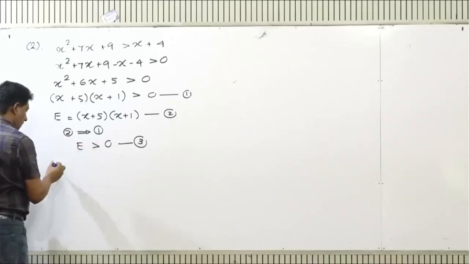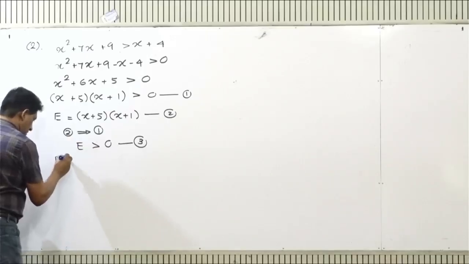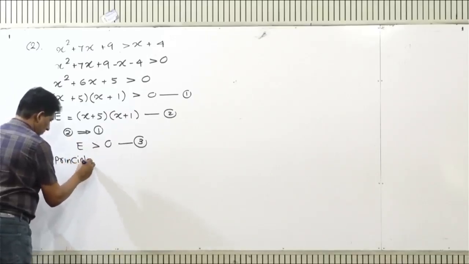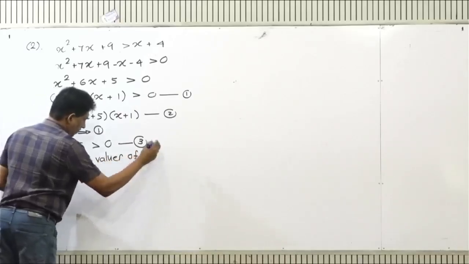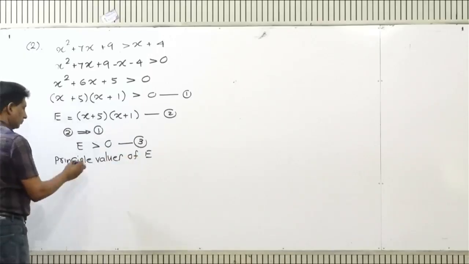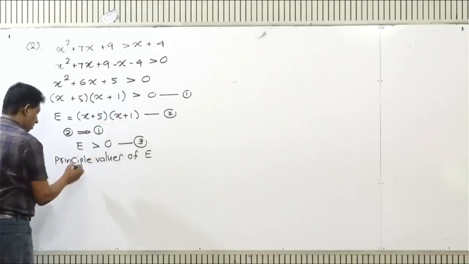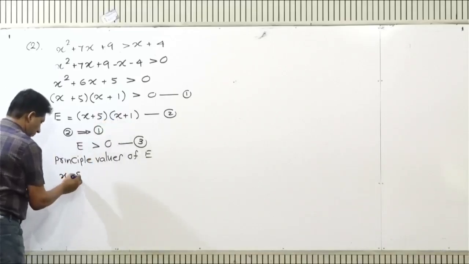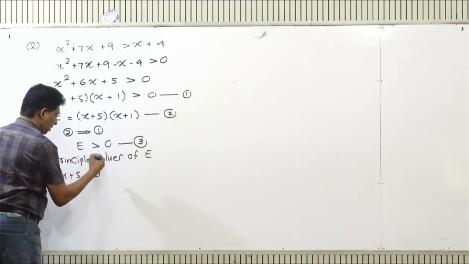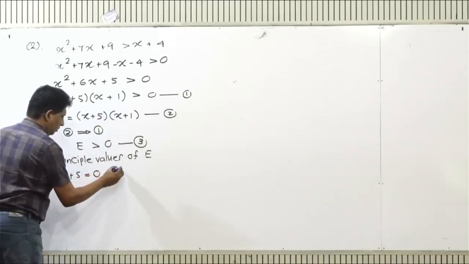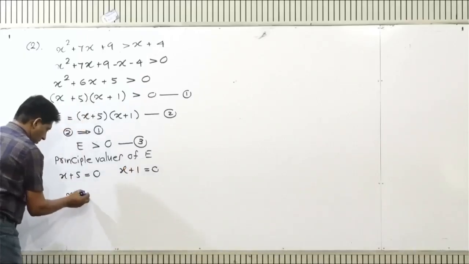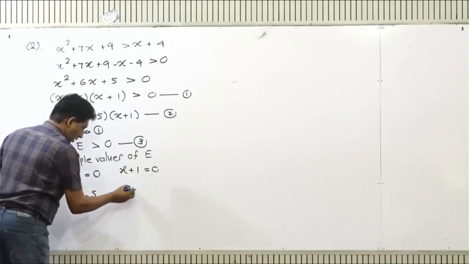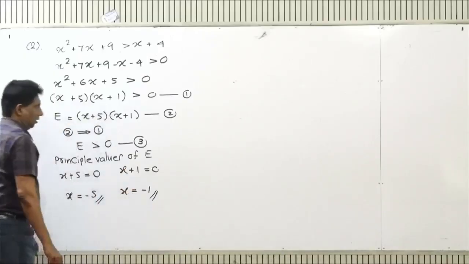For that we have to find the principal values of E. To find the principal values of E, we equate each factor of E to 0. Then x plus 5 equals 0 and x plus 1 equals 0. Here x is equal to minus 5, here x is equal to minus 1.